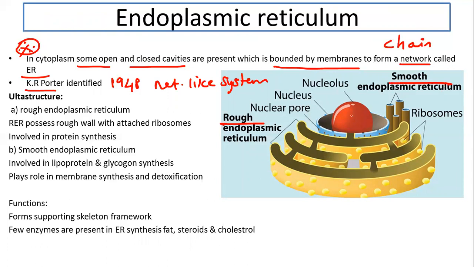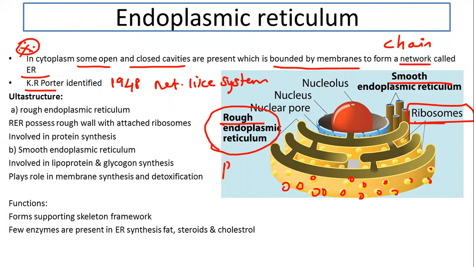With the help of the presence of ribosomes. Here you can see these are called ribosomes, which are attached to the endoplasmic reticulum. So when an endoplasmic reticulum is attached with ribosomes, it is called rough endoplasmic reticulum. It is also represented with the term RER.